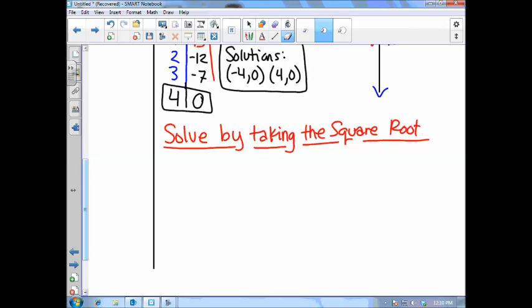Okay, example 2. m squared minus 36 equals 0.